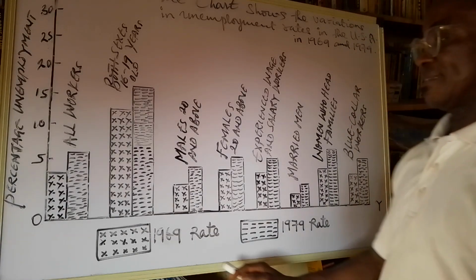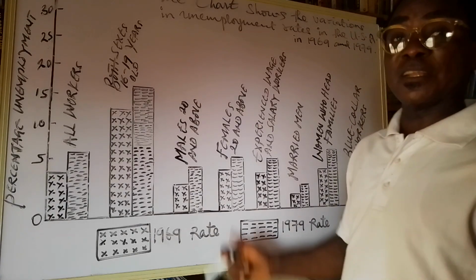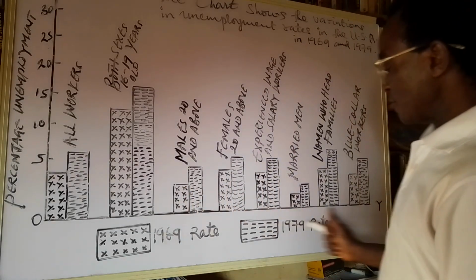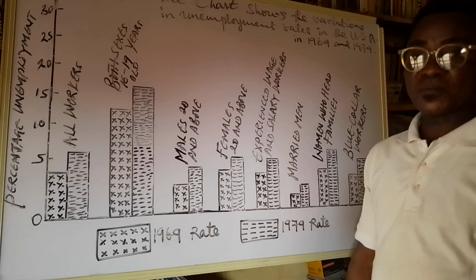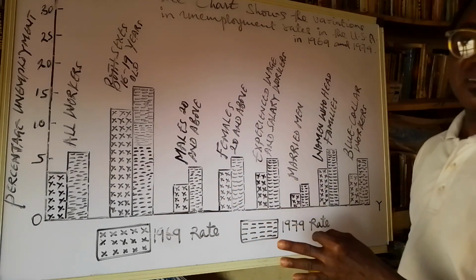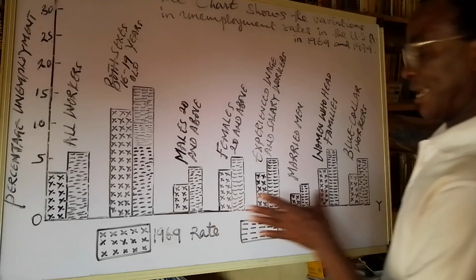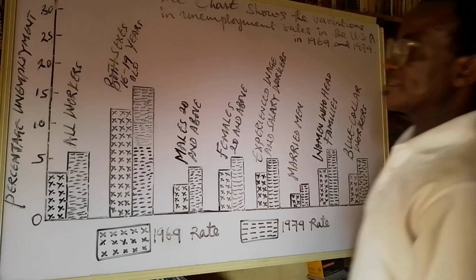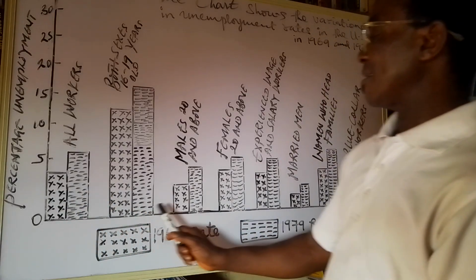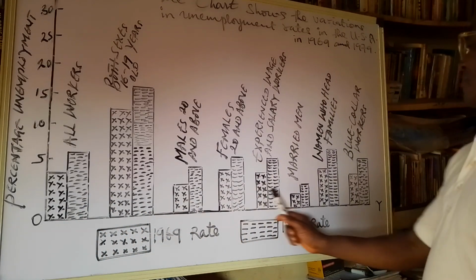1969 recorded the lowest rate of unemployment in the survey period. You can see 1969 represented by the first bars.